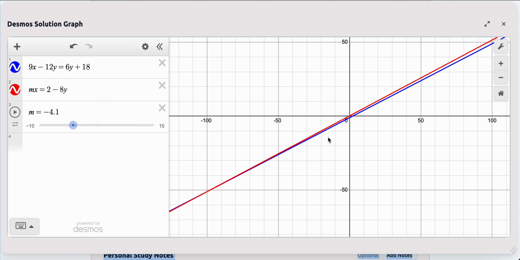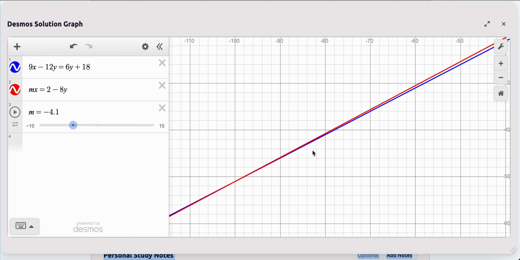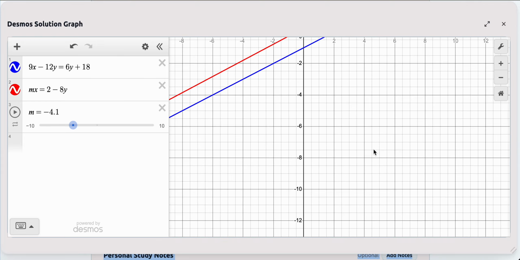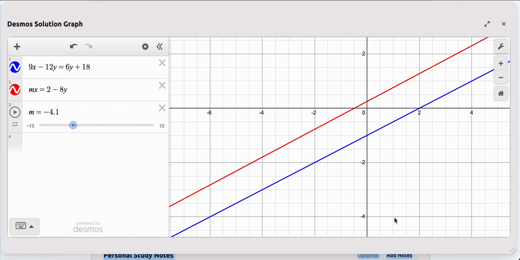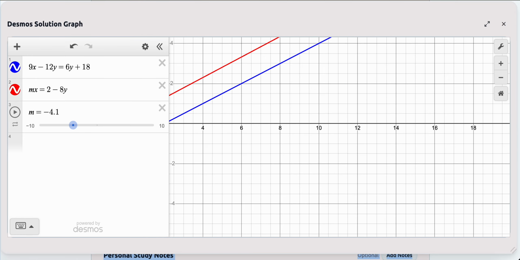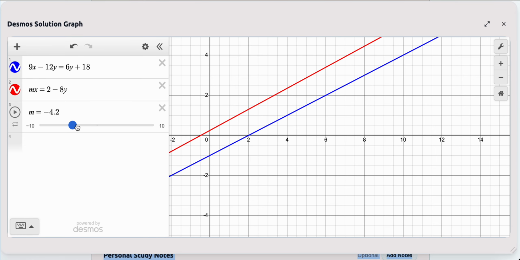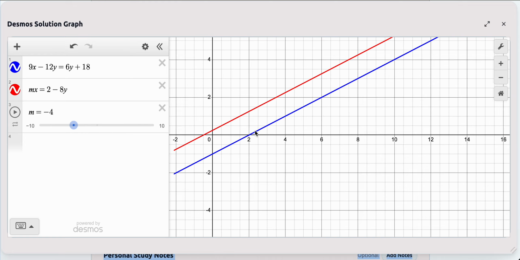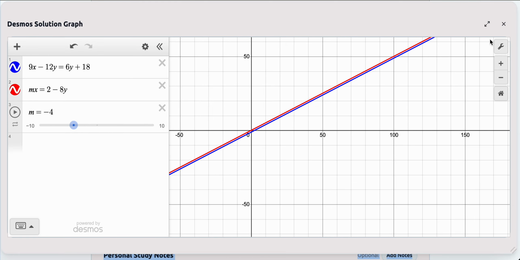But actually, if I go all the way down here, they do intersect, right? So it's not a foolproof method, and it's prone to mistakes. So for these types of problems, it's best to just solve them algebraically. You can verify using Desmos that when m is equal to negative 4, the lines do appear to be parallel, but I wouldn't rely solely on that.